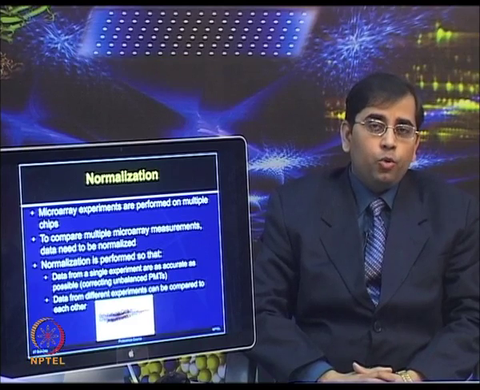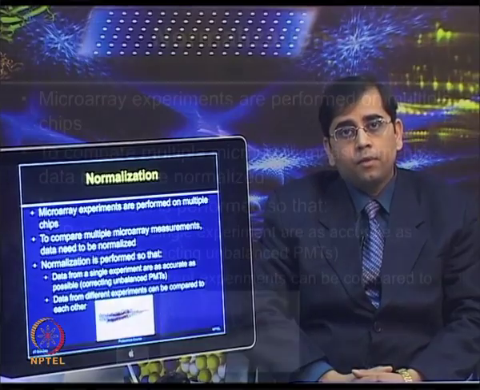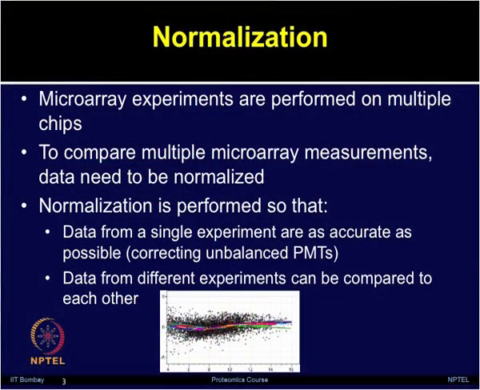We will discuss various basic concepts including normalization. In microarray experiments, people use different types of chips in different experiments. So, to compare multiple microarray measurements, data need to be normalized. Normalization is performed so that the data from a single experiment are as accurate as possible, also correcting for unbalanced PMTs, so that data from different experiments can be compared to each other.